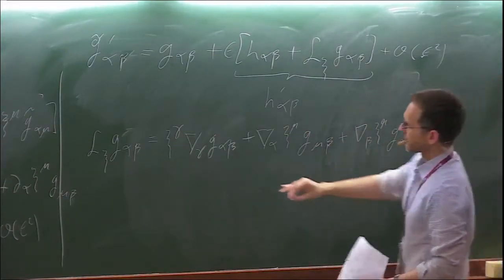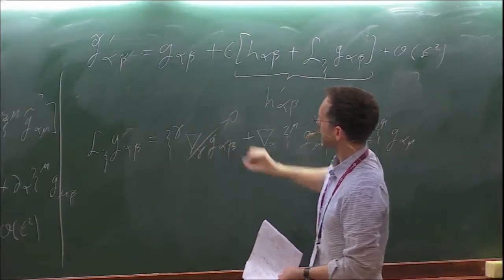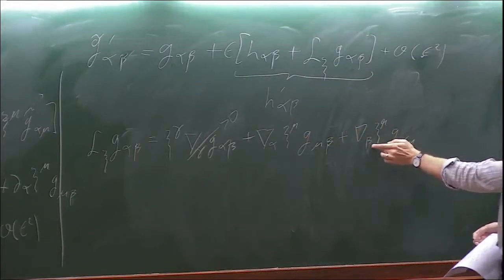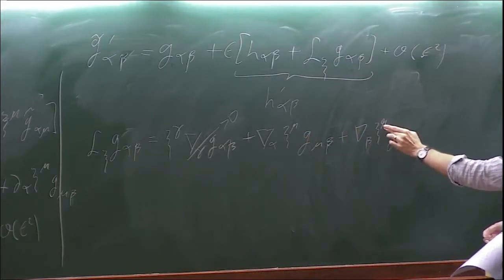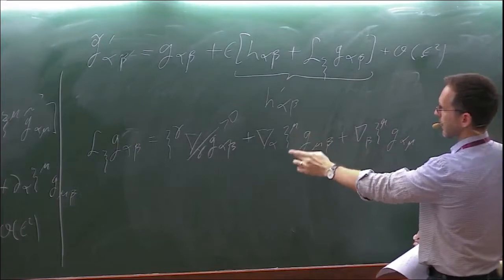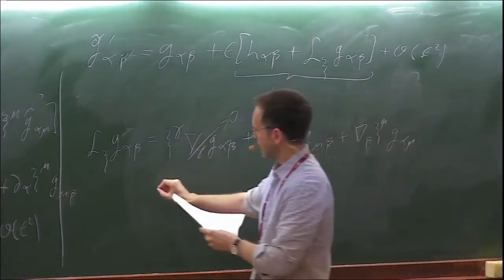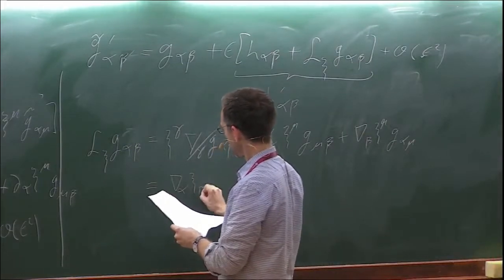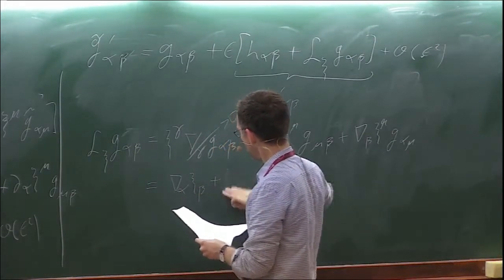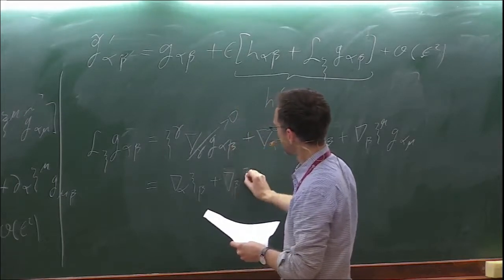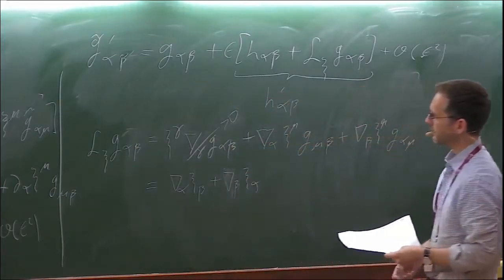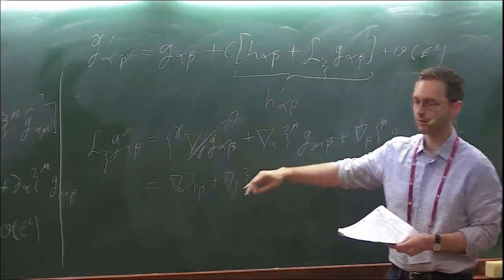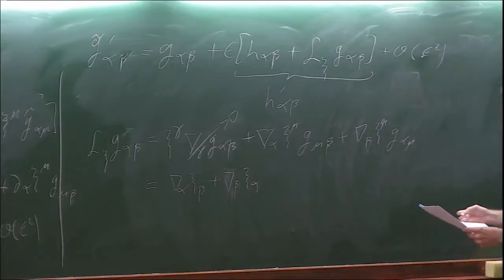Now the covariant derivative of the background metric is 0, and you can bring this metric inside of the covariant derivative and bring this index down. Do the same, bring that index down. So this is just grad alpha xi beta plus grad beta xi alpha. And this is usually the version that people will work with when doing a gauge transformation.